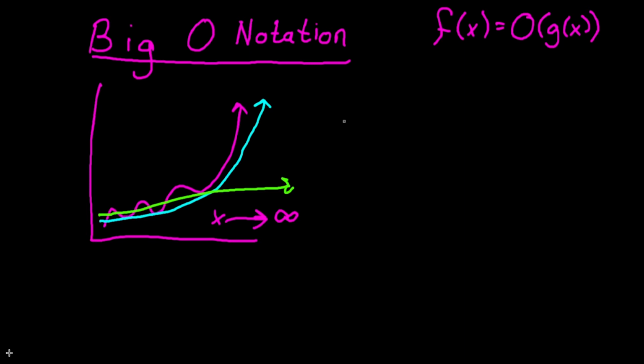But what we can also do is say, well, let's find two constants. Let's find a constant x0, and let's find a constant m. Oh god, that's really bad. But let's find these two constants, x0 and m, where x0 is going to be some point on our number line, like that, x0, and m is going to be some multiplier.